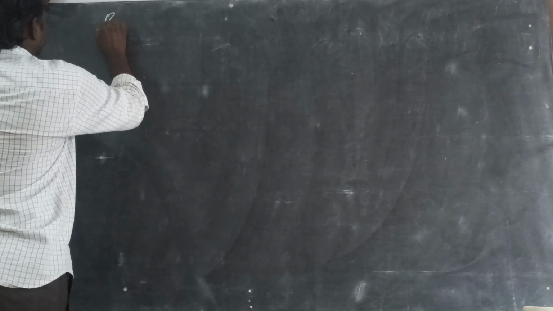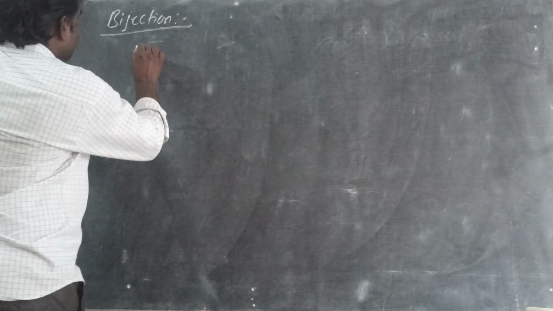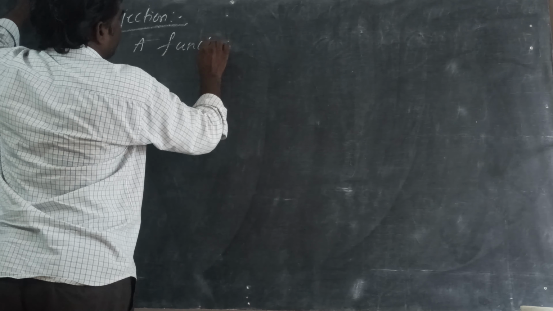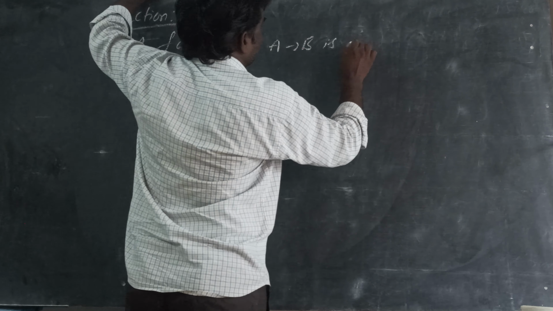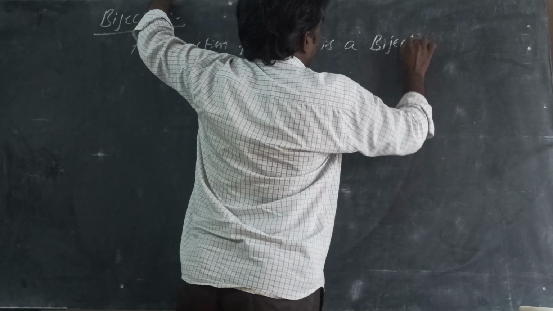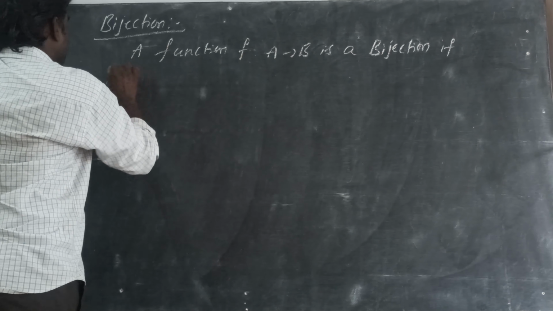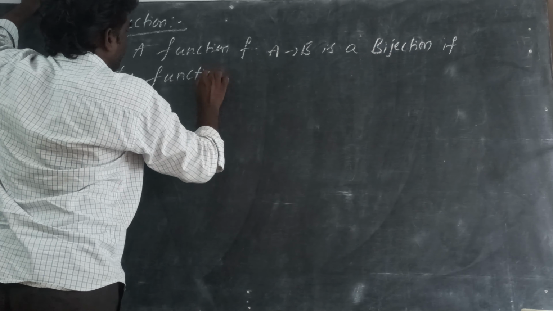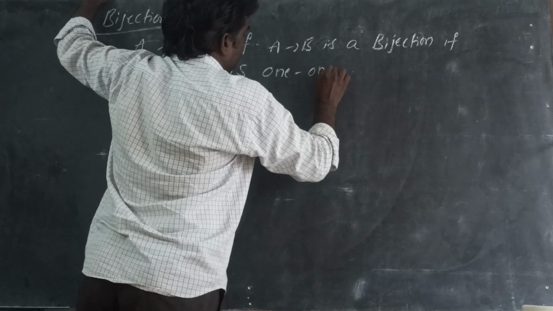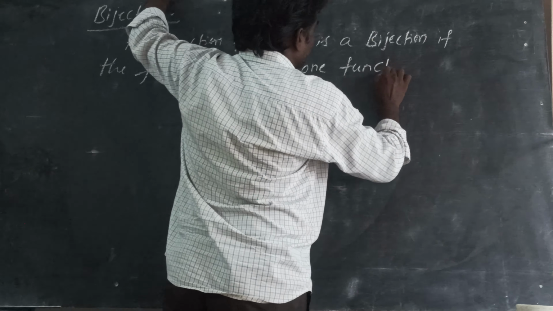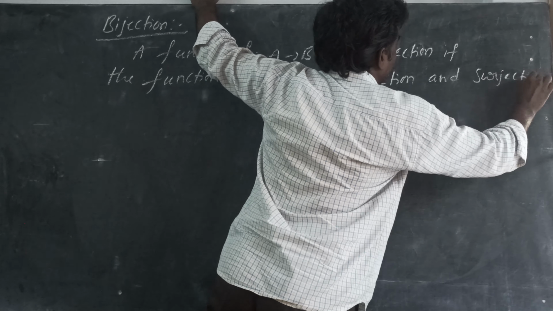Next one, bijection. A function f from A to B is a bijection if the function is a one-to-one function and a surjection.